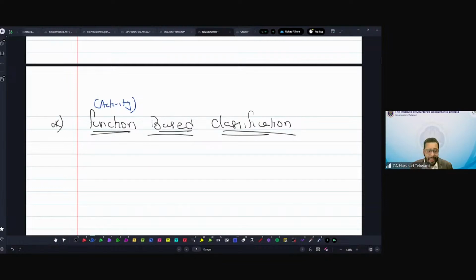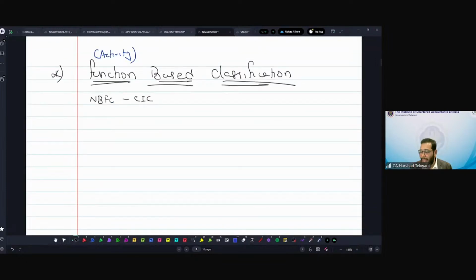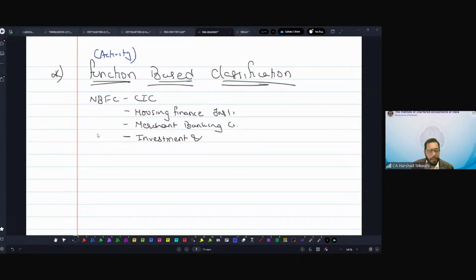If I have to give you some examples: investment company, that is again function-based. Core investment company, then NBFC Housing Finance, or HFC, then merchant banking, then investment and credit companies, NBFC Infrastructure.